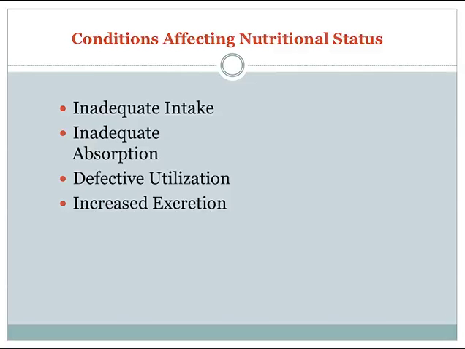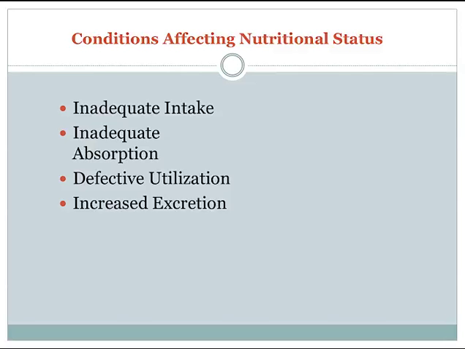They can't use it the way it's intended to be used. Or they may have a condition where there's increased excretion. They may have diarrhea, or they may have a bleed, or they may have an infection somewhere where they're losing a lot of nutrients, or they may have something in the skin where they're oozing because of an infection, losing a lot of nutrients. So it's those 4 things.